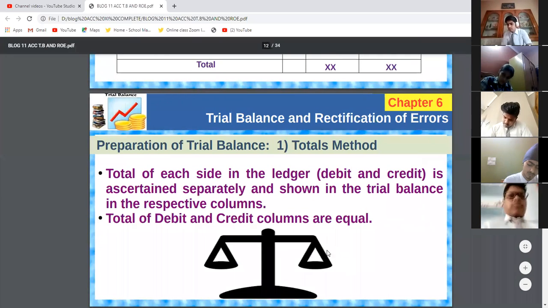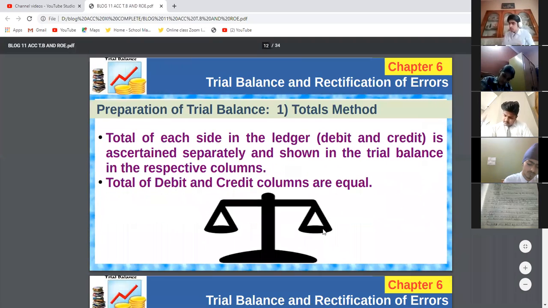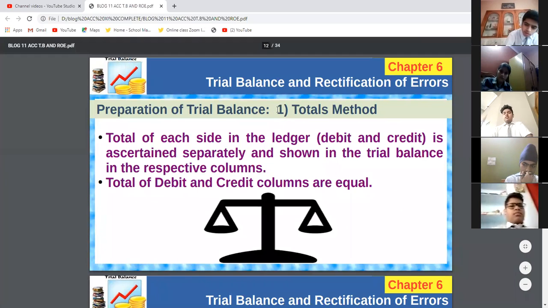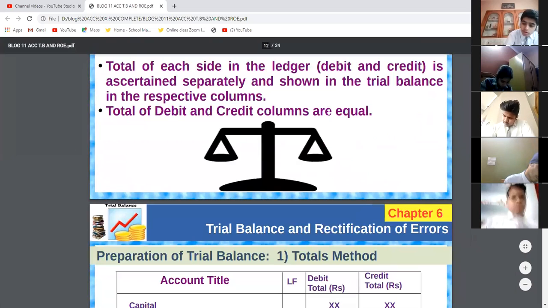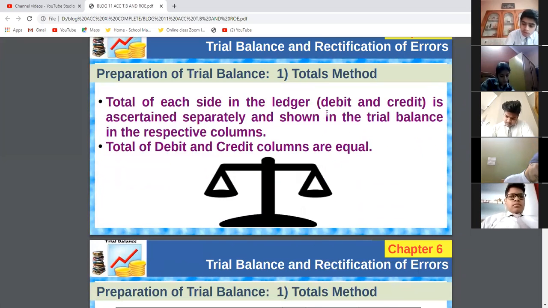Now there are various ways of preparation of trial balance. You can write here methods of preparation of trial balance. First is total method.